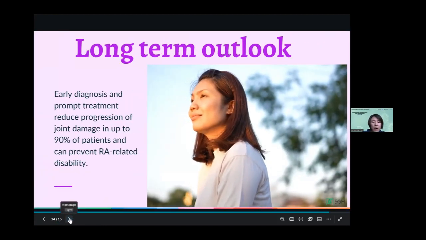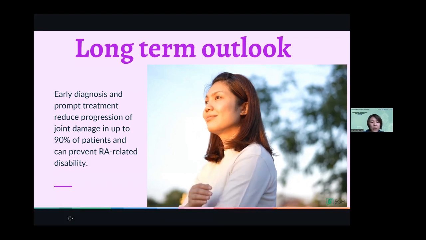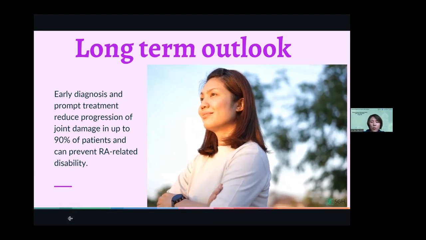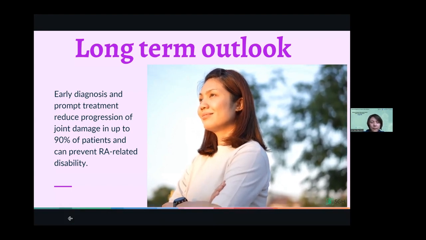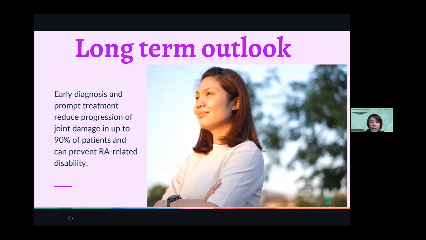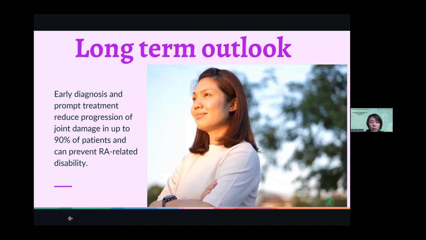A long-term outlook for a rheumatoid arthritis patient would look positive. Although currently we say that there is no cure for rheumatoid arthritis, early diagnosis and prompt treatment can reduce progression of rheumatoid arthritis and joint damage in up to 90% of the patients. RA-related disability can be prevented with early treatment.